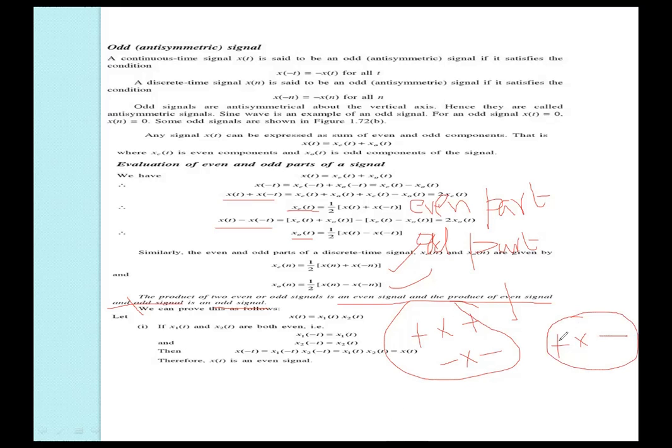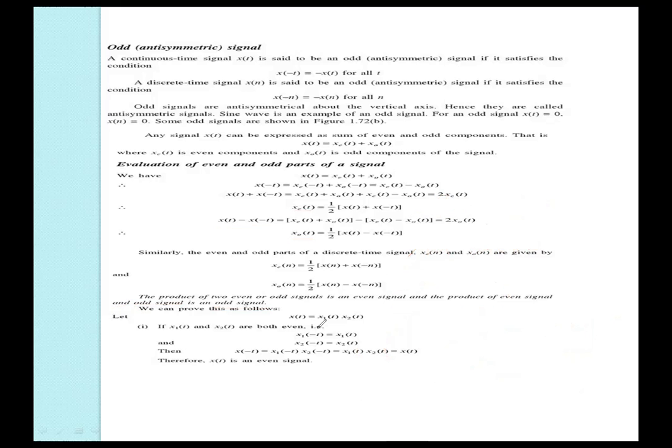Let us assume the even is a plus, minus is odd; even into odd will give the odd function. Even and even will give the plus, and odd and odd will also give the plus. So the product of two even or two odd signals is an even signal, and the product of even and odd signals is an odd signal.